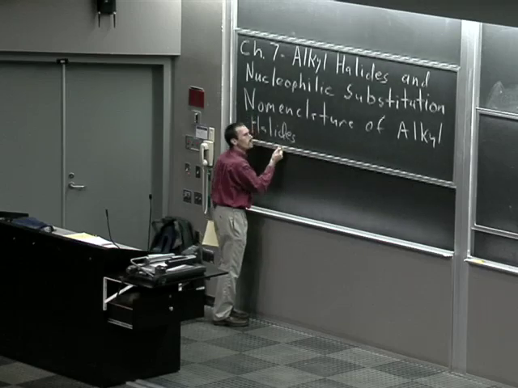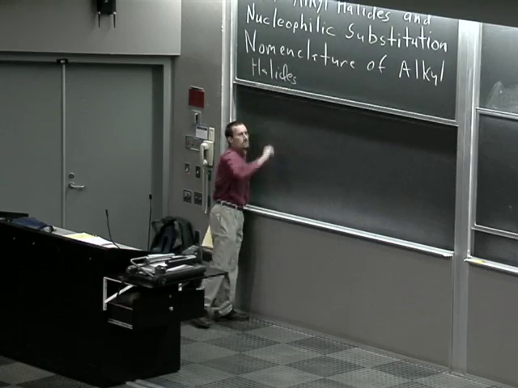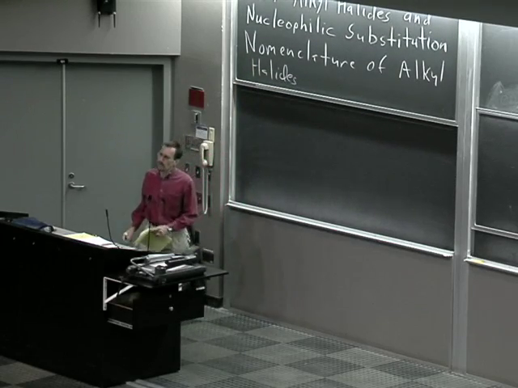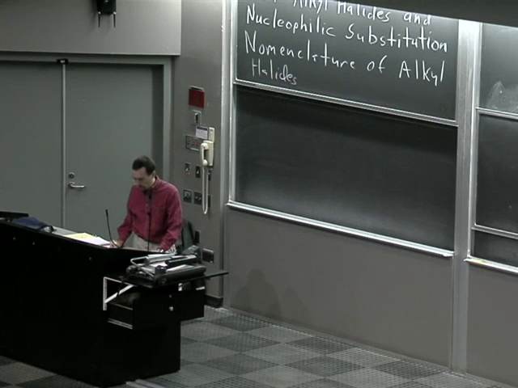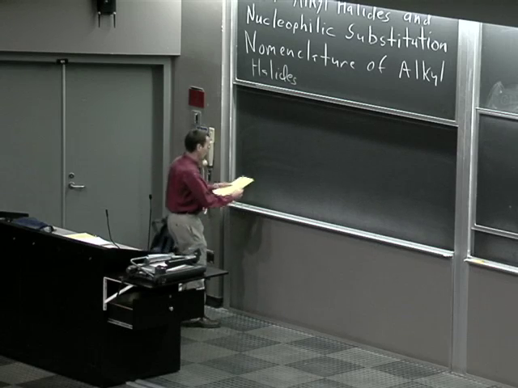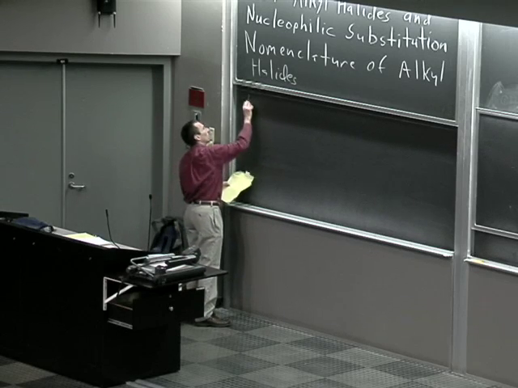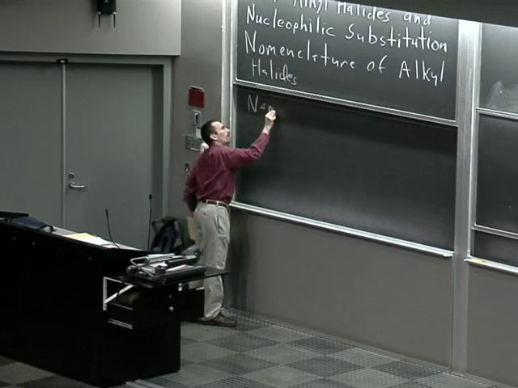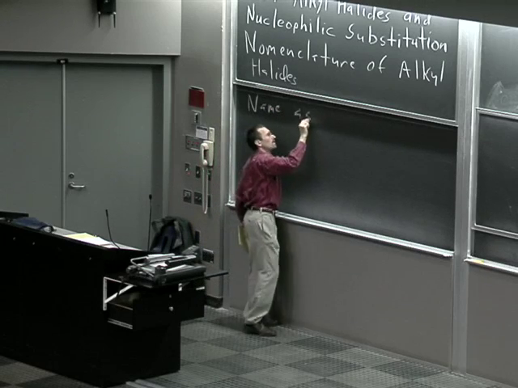And the good news about this is it's really very similar to the nomenclature of alkanes. You simply name them as the haloalkane. And I'll show you what I mean.